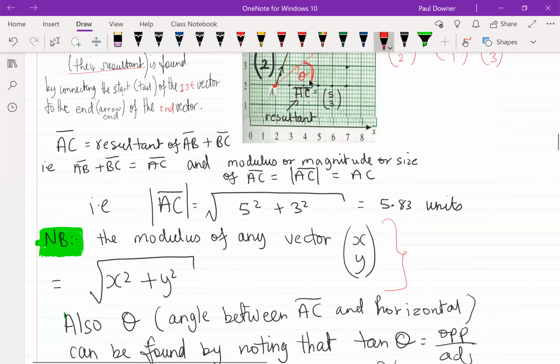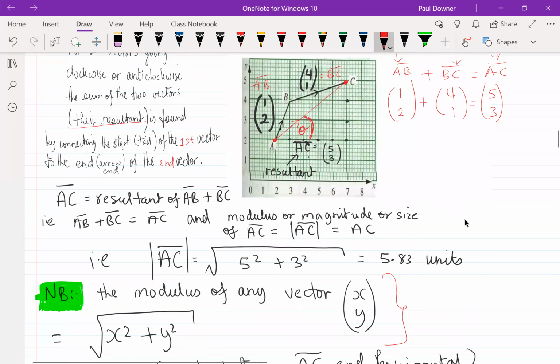So how could I get this angle theta? Well, if I look at this vector, I know the opposite side to it here is this distance, which would be 3. And I know the adjacent side right here is 5. So basically, I know opposite and adjacent.